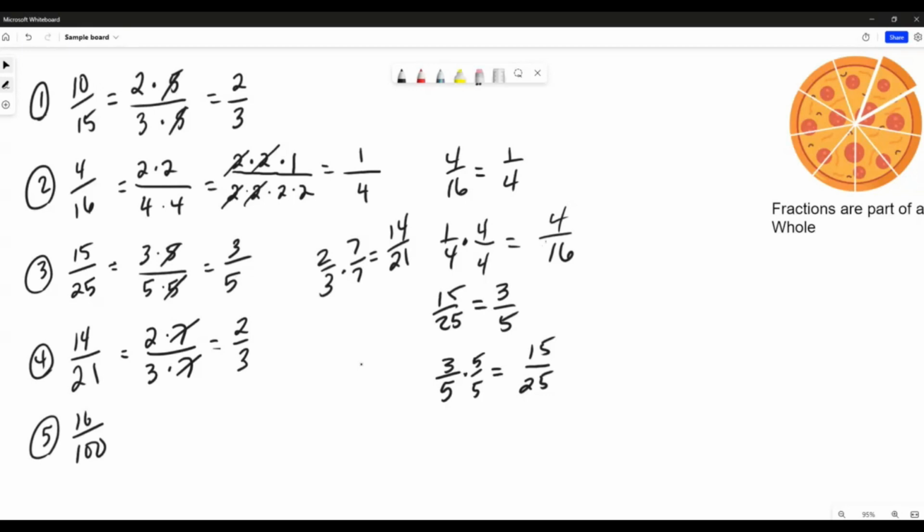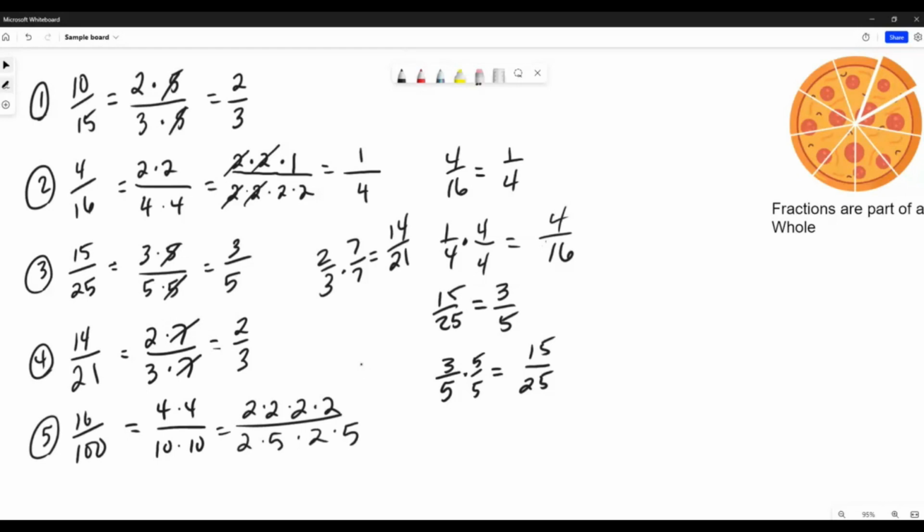Okay, one more. 16. 16 is 4 times 4. 100 is 10 times 10. Well, 4 can be broken down some more. This 4 is 2 times 2. And this 4 is also 2 times 2. Here, 10 is 2 times 5, and this 10 is also 2 times 5.